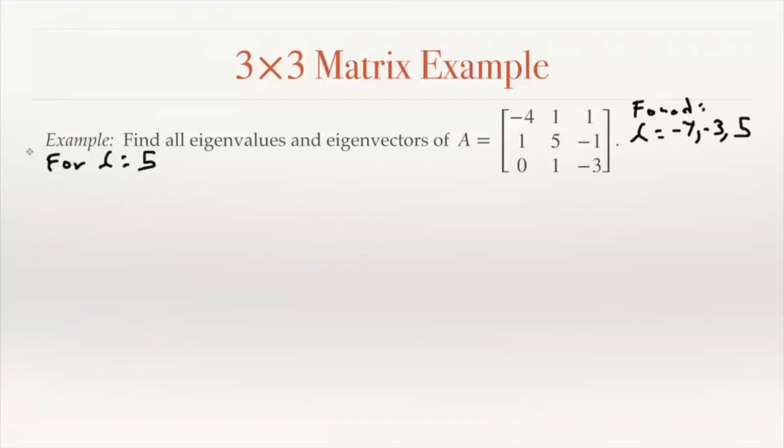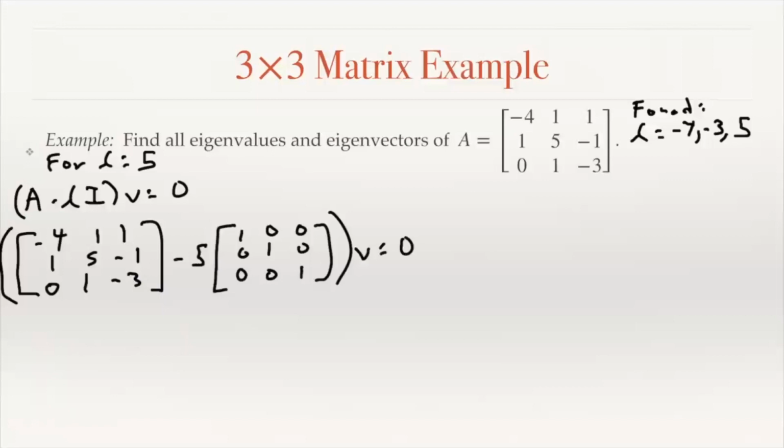And our last one was lambda equals 5. So I encourage you to pause the video and try on your own to find an eigenvector corresponding to lambda equals 5. So writing out (A minus lambda I) v equals 0, it's this.